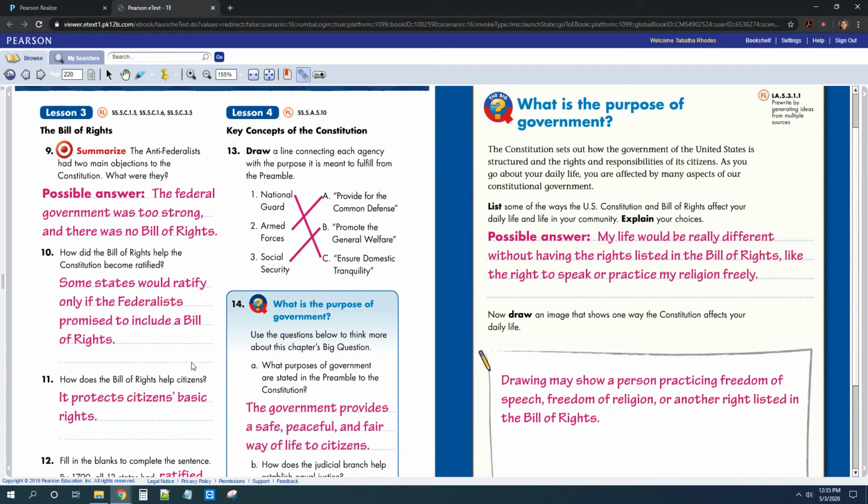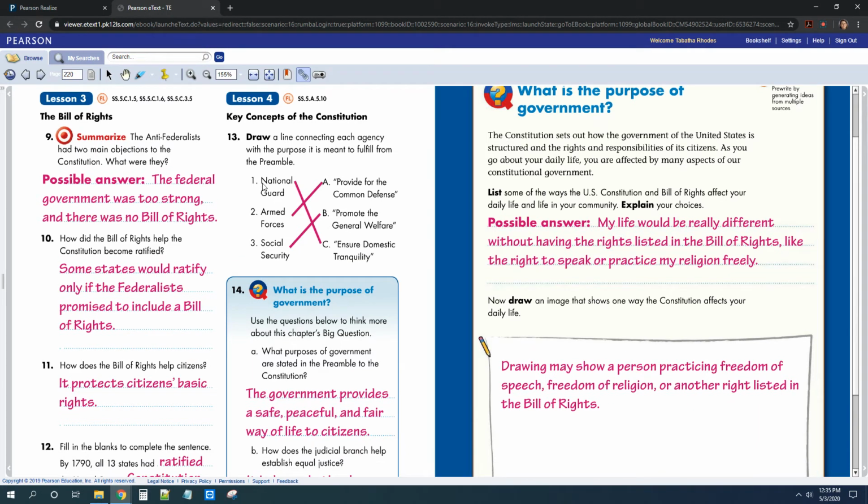All right, for number 13, you had to connect each branch of the military and then Social Security with what they do to help us fulfill our promise in the preamble. So the preamble is like a very long sentence introducing the Constitution. The National Guard ensures our domestic tranquility, because remember, the National Guard stays here in the United States, in our home.